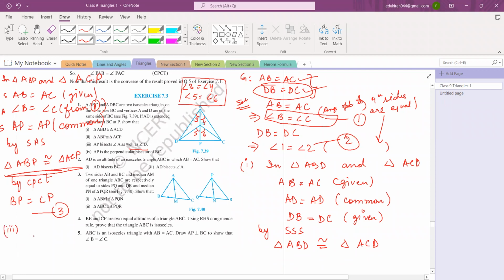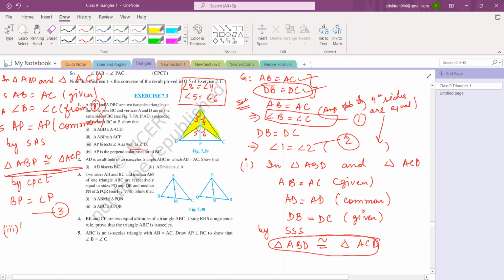Now, for the third part, angle 3 and angle 4 are part of this triangle, which we have already proved. Look here, part 1. Miraj, remember this triangle we have already proved to be congruent to this triangle. Right?